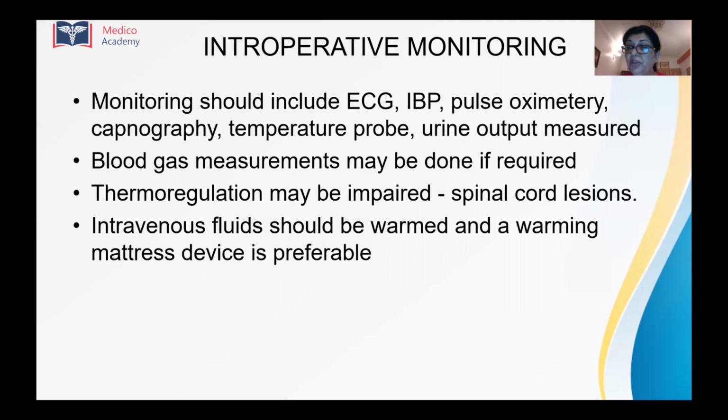Patients with severe respiratory dysfunction as a result of scoliosis may have an increased alveolar arterial oxygen gradient, which may be further increased during prolonged anesthesia because of regional hypoventilation. Thermoregulation may be impaired in patients who have spinal cord lesions before the surgery, and prolonged anesthesia causes significant heat loss. So use of temperature monitoring, warming all IV fluids, and a warm air mattress is recommended.